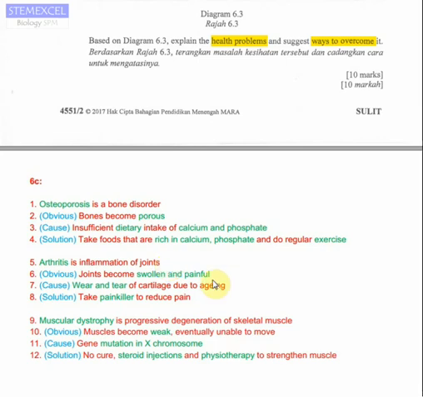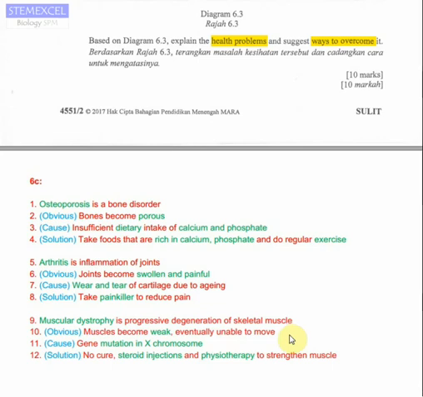What causes that? Usually it is due to aging and also wear and tear of the cartilage. The solution is to take painkillers to help reduce the pain. The last one is muscular dystrophy, a progressive degeneration of the skeletal muscle.